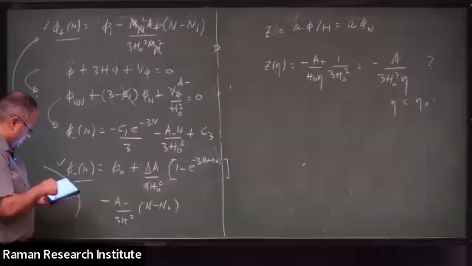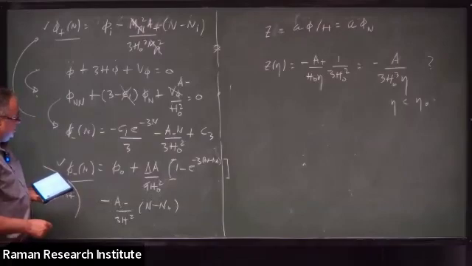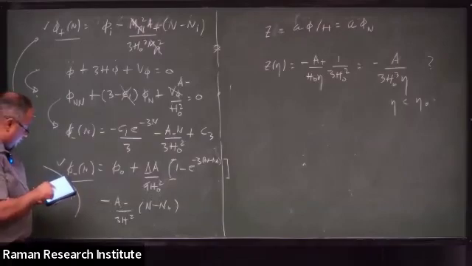I'm trying to see how I have written. Yes, that's right. And phi dot is negative, right? There is a square root involved and I have taken it suitably. If I solve for it exactly.